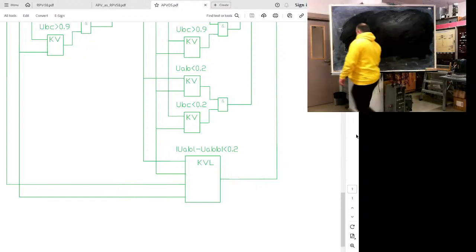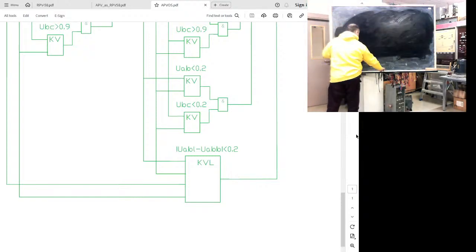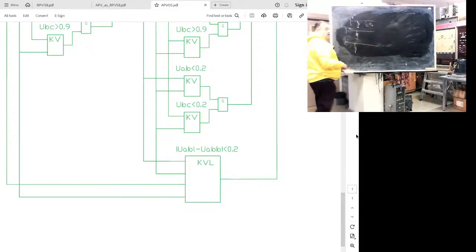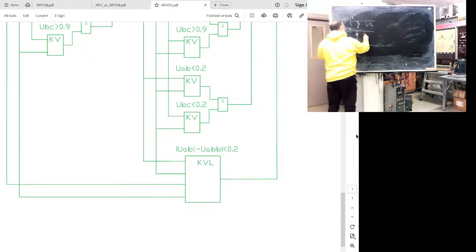If you have A, B, C phase shunting reactors on your line, they are compensating line capacity, shunt reactors. It's 550 kilovolts, something like this. For shunt reactors to compensate your line, what will happen?